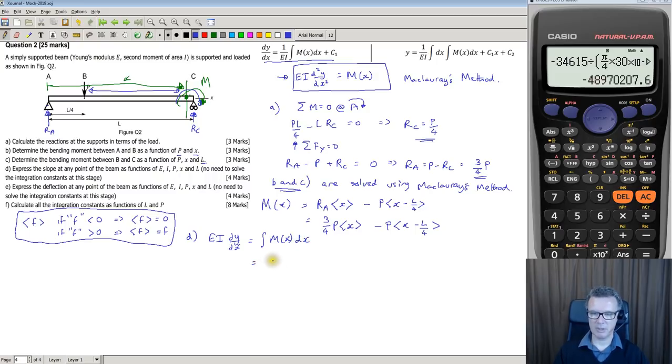So let's put that Mx function in. Open a bracket. Got P here, so we could bring the P out. So I've got a quarter x. Now with the Macaulay's method, you're never allowed to expand out your brackets. But other than that, you treat them as if they're normal brackets. Close that bracket there. And we're going to integrate this with respect to x.